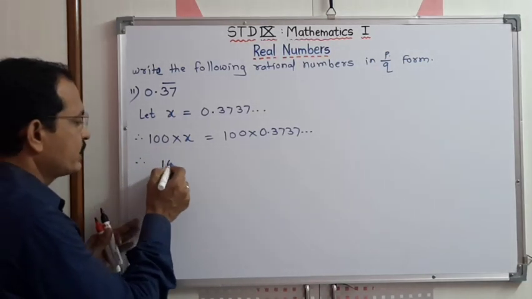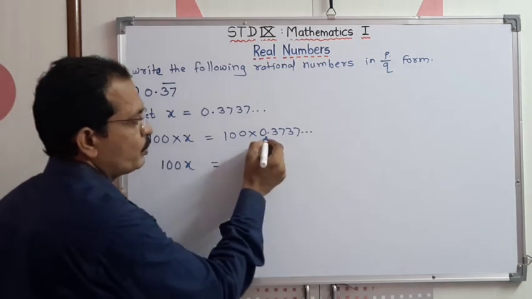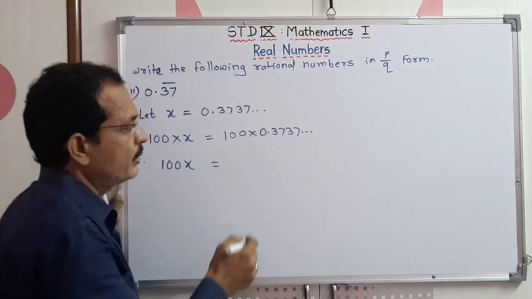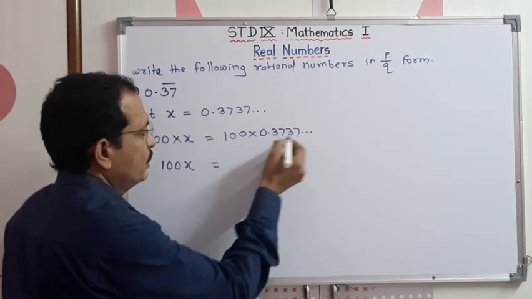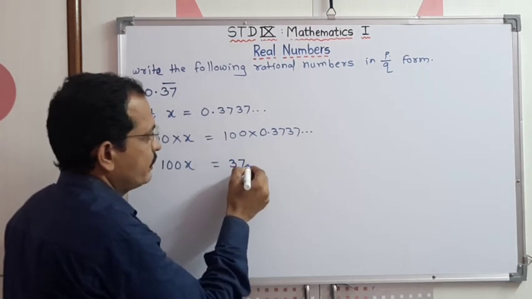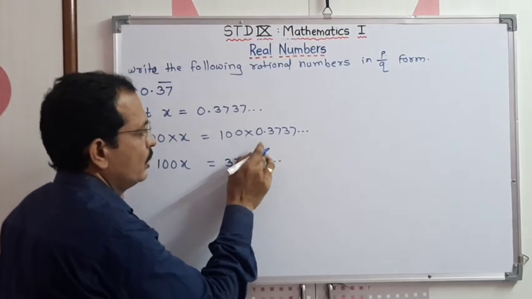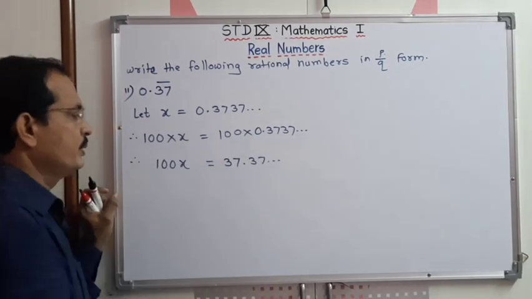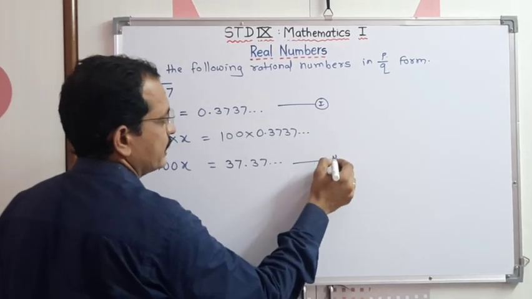Now 100 into x, it is 100x is equal to, here we have to multiply this number with 100. Therefore this decimal point we have to shift 2 digits. Therefore 37.37 and so on. Now see here, this is first, this is second.